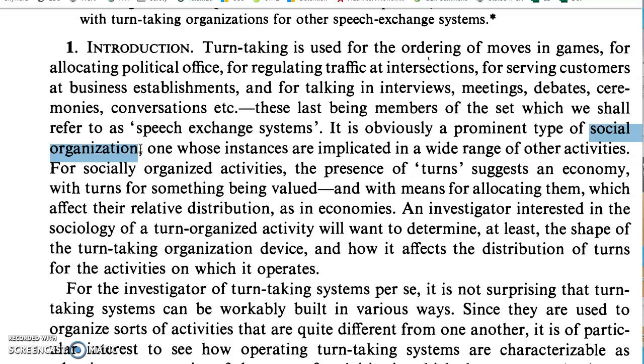So if I were taking notes, I would probably write down that conversation is a speech exchange system, and I would also write down that its purpose is social organization, so that we don't have everybody talking at the same time. In fact, conversation is a skill we have to learn. We learn it in our families of origin before school, and then we also learn it in school.